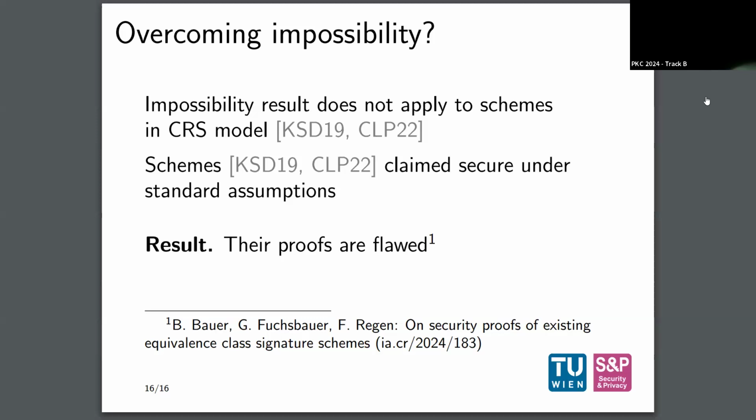So the fact that you found a flaw in the proof is independent from that, for the exact reason that our proof does not apply for the schemes, because the reduction could choose the CRS and it could choose a malicious CRS where it can then reason about the class hiding. So it's still plausible that they can be proven from the assumption. Yeah, exactly. Okay.